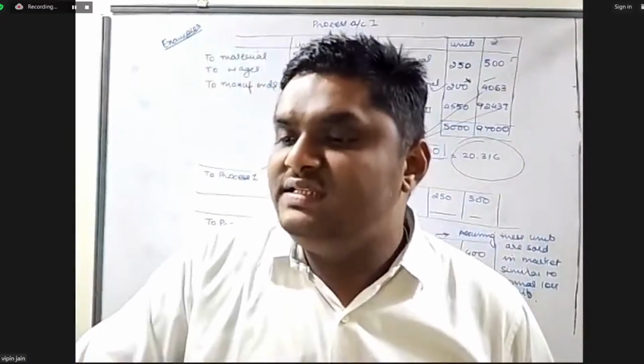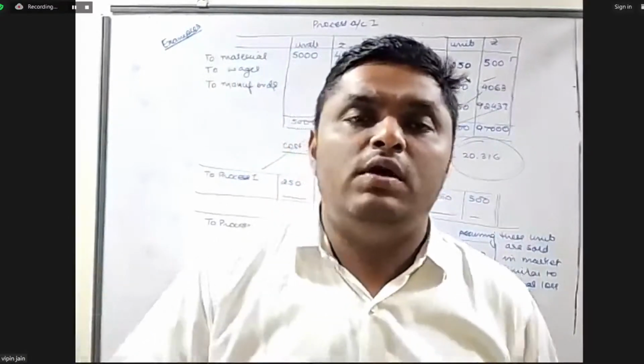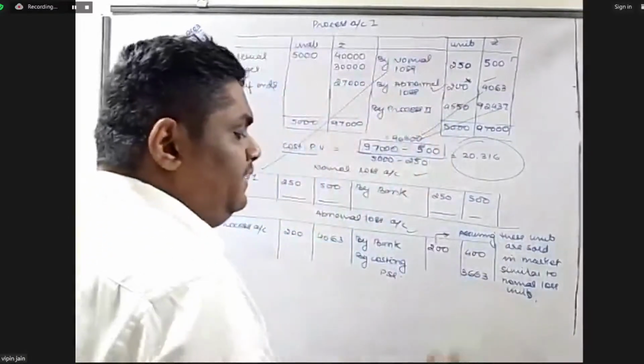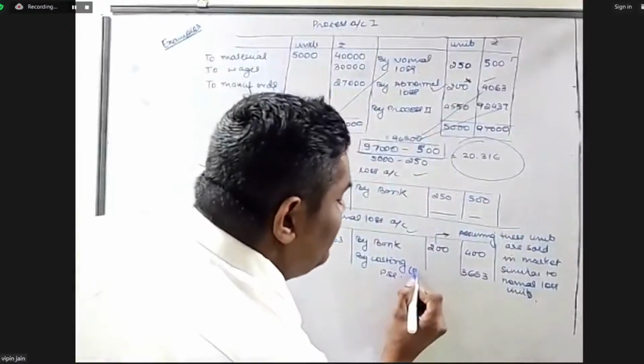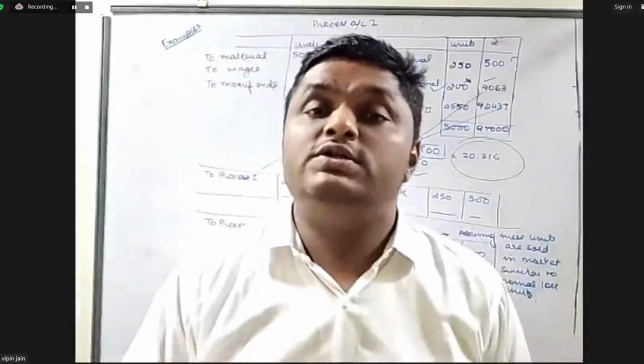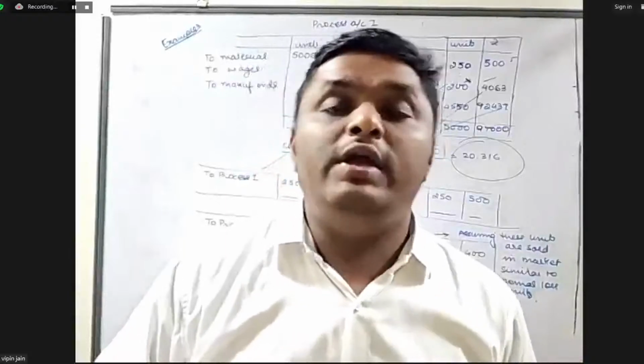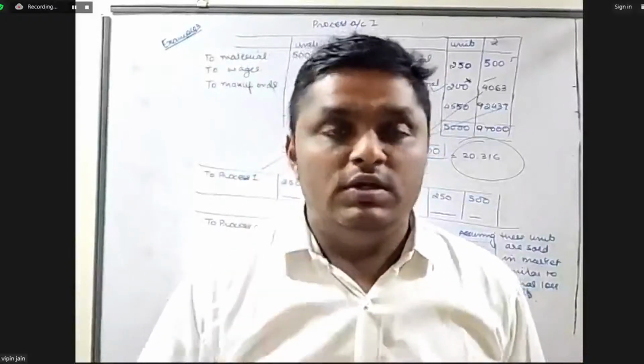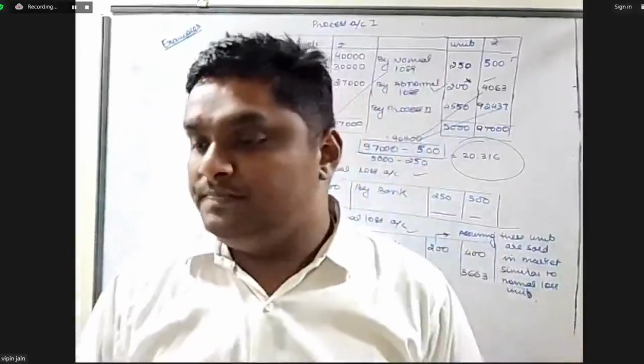No, 3663 will not be a part of our product cost. It will be transferred to costing P&L. This is the balancing figure, and it is transferred to costing P&L because this is abnormal loss. It is due to abnormal reasons. So how can you inflate the product cost? It has nothing to do with product cost.